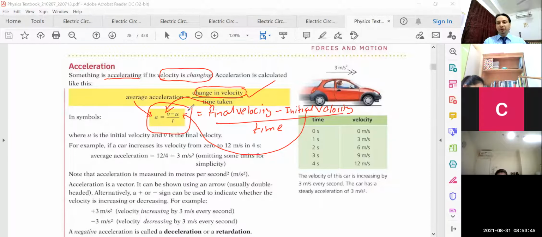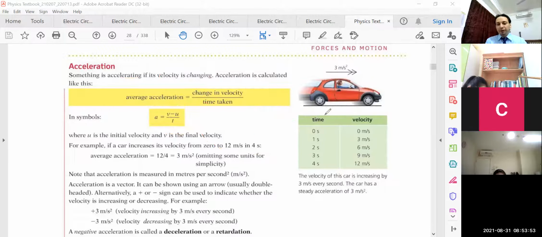Now, one example you can see here on the right hand side in this book, there is a table. If you see this table, observe carefully, time is there, velocity is there. When time is 0 second, the car's velocity is 0, it means that the car was at rest.